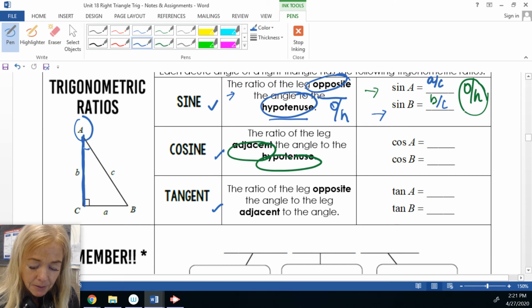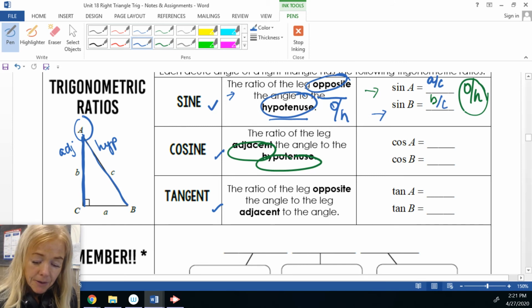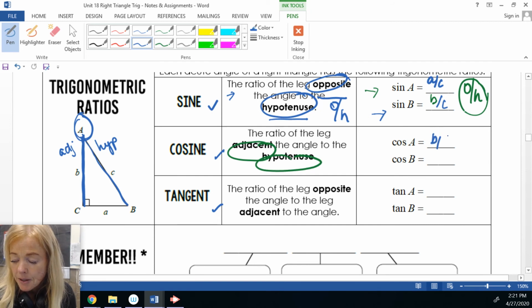It creates the angle right there with the hypotenuse. So this is adjacent and this is hypotenuse, and the hypotenuse remains the same. So with the cosine of A, we find angle A, we find the adjacent side, which is b, and then the hypotenuse is c, so b over c.